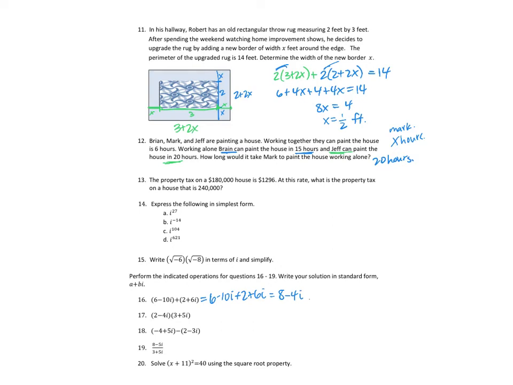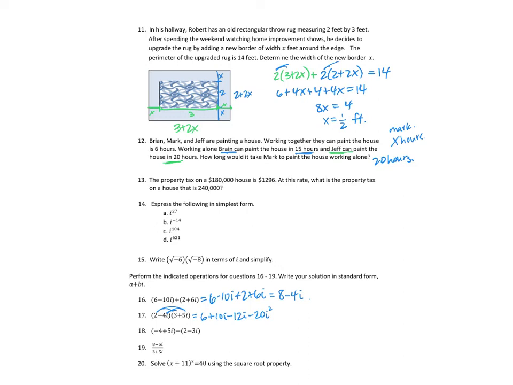Okay, so the next thing I want to do is multiply this out. So I'm going to multiply the 2 across, and then I'll multiply the negative 4i across. So I'm just distributing the 2 over the 3 plus 5i, and then I'll distribute the negative 4i over the 3 plus 5i. So 2 times 3 is 6, 2 times 5i is 10i, negative 4i times 3 is negative 12i, and negative 4i times 5i is going to be negative 20i squared.